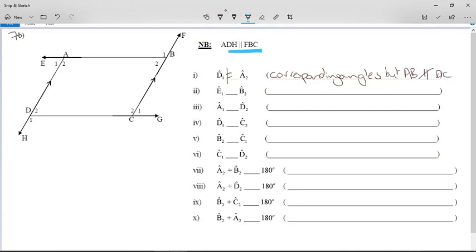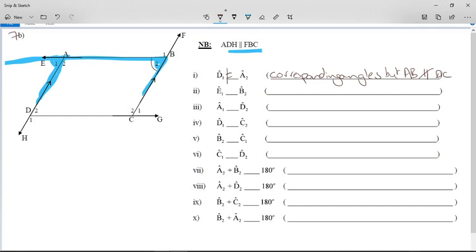Now it says to you, look at E1. Here's E1. And look at B2. So there's E1 and B2. Now have a look here. I've got a parallel line here, a line here, and a line there. So I've actually got a nice lying down F over here.